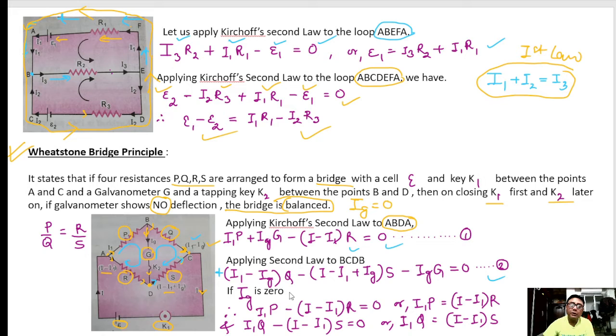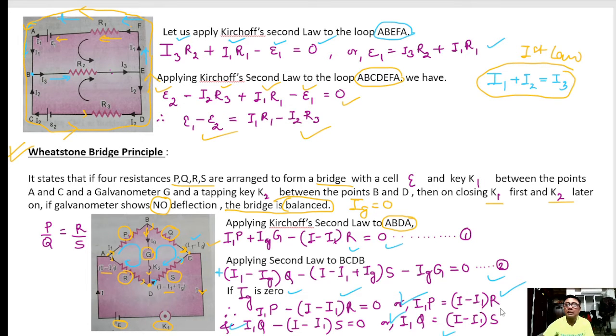Now from here, as I told you, if Ig is 0, the first equation becomes I1P minus I minus I1 into R equal to 0, and putting Ig equal to 0 in the second equation, we get I1Q minus I minus I1 into S equal to 0. So dividing this equation by this equation, see what we get.